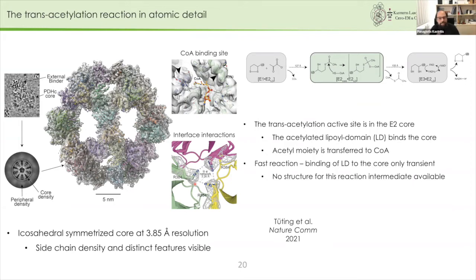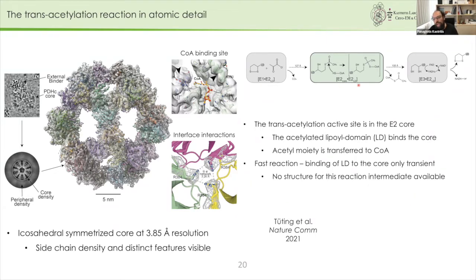Because we have this higher resolution of the core, we want to see what is happening inside it. In the pyruvate dehydrogenase complex, you have a complex formed by the E1 and the E2 proteins.